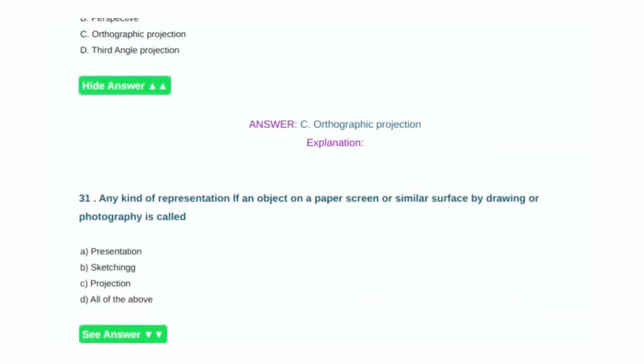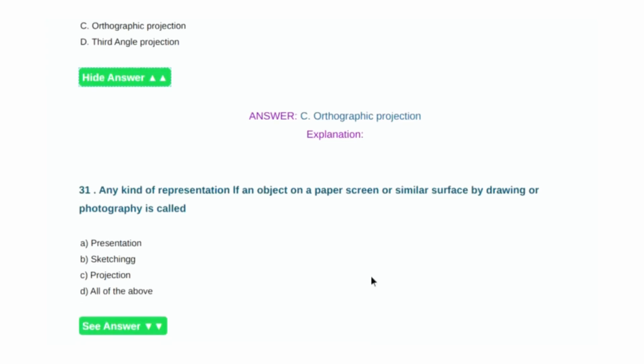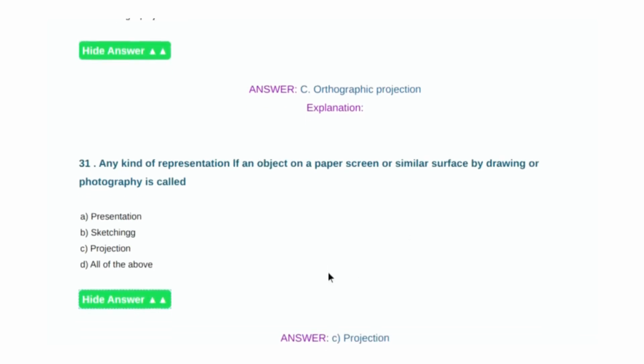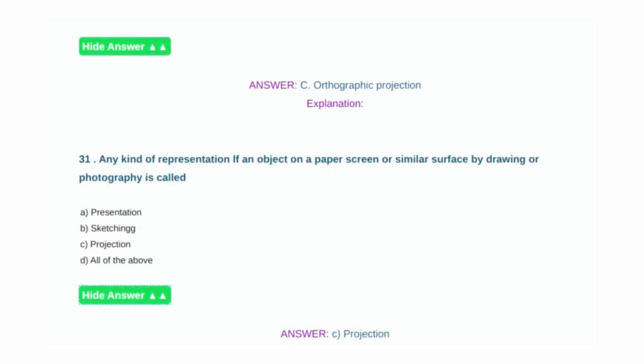Any kind of representation of an object on a paper, screen, or similar surface by drawing or photography is called projection.